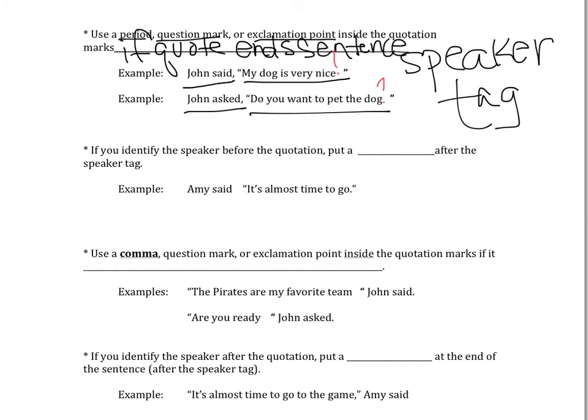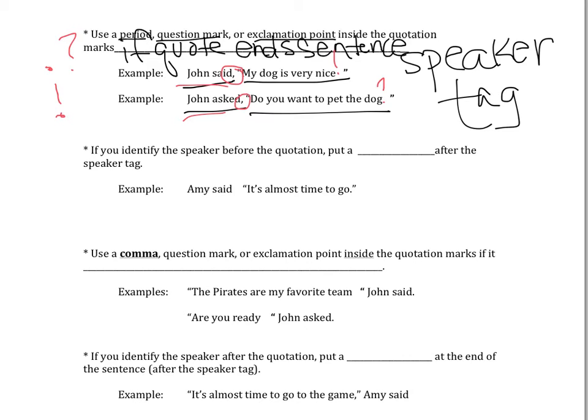When the speaker tag comes first and the quote comes second, you could put a period, a question mark, or an exclamation point. Now, if you want to identify the speaker tag at the beginning, just like we did up here, the other thing you have to think about is you have to put a comma after the speaker tag.